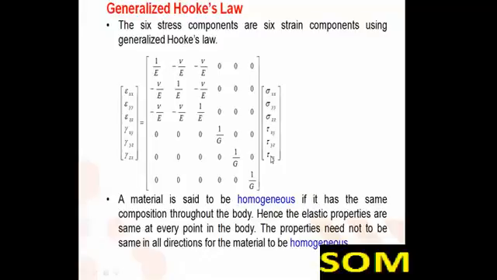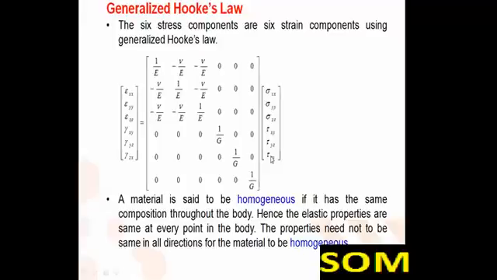In order to develop a relation between stresses and strain, the generalized Hooke's law is used. In the generalized Hooke's law, the six strain components are related to six stress components.